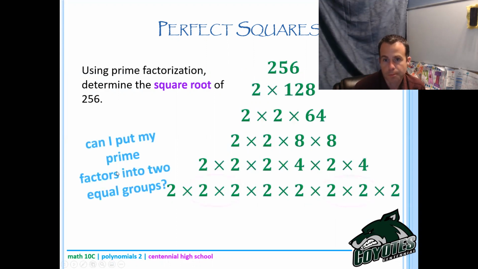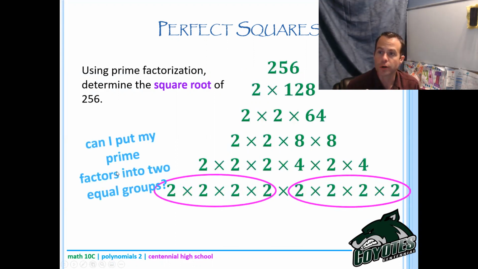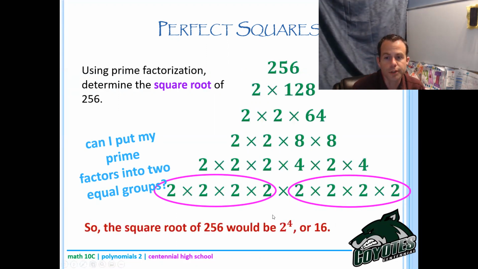Yes, we do. I'd have 4 2s in each group. So the square root of 256 must be whatever 2 to the 4 is, because look at this. This would be 2 to the 4 times 2 to the 4. So that's the same number multiplied by itself. Okay, so the square root of 256 would be 2 to the 4, or 16.